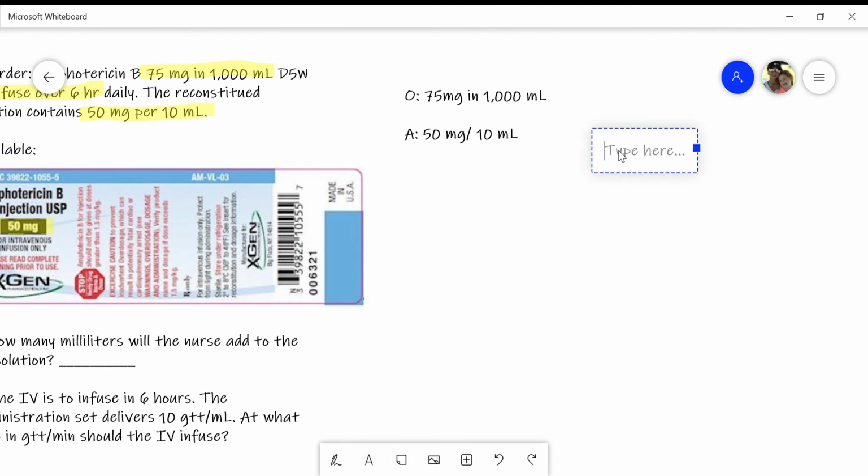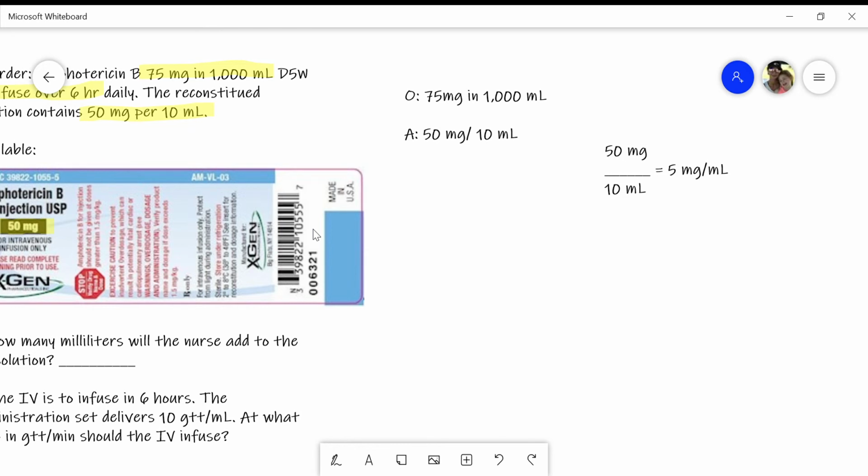We'll do it the first way: 50 milligrams divided by 10 milliliters, to give us our base, which is 5 milligrams per milliliter. Hold on, I have to move the rest of my notes because I keep looking at all that other stuff.